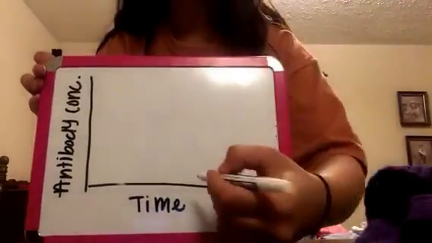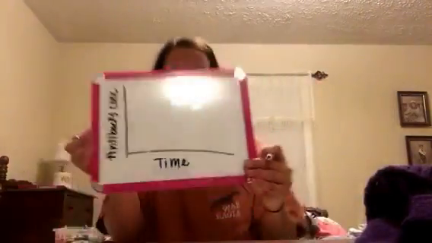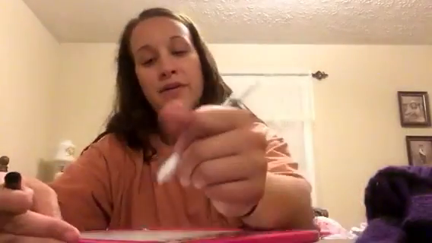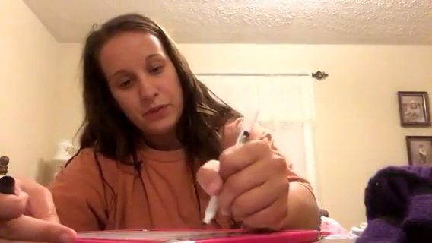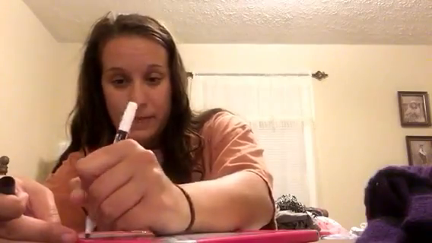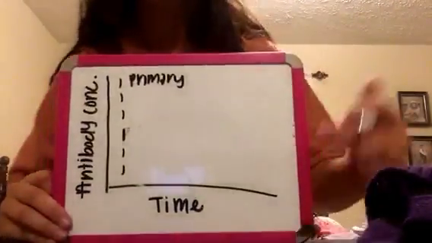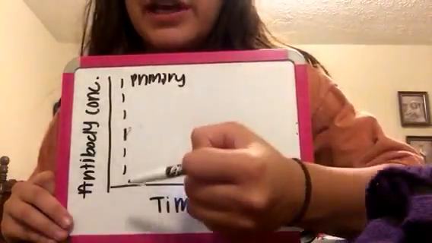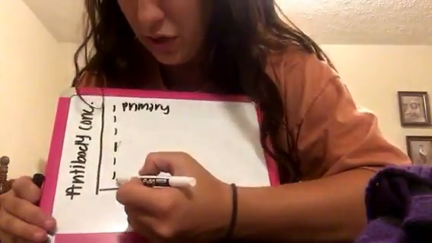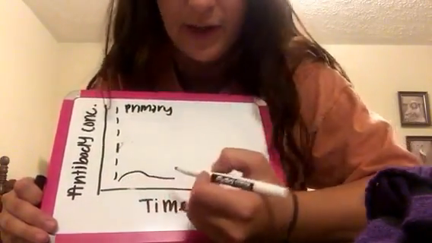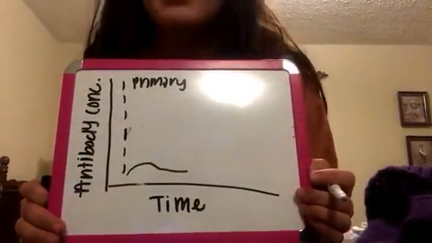I'm going to first show you the primary response. So this line will be the primary response. We're going to start here and it'll just go like that. That'll be our primary response.